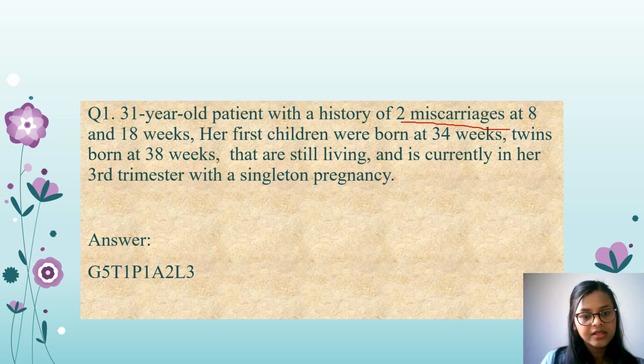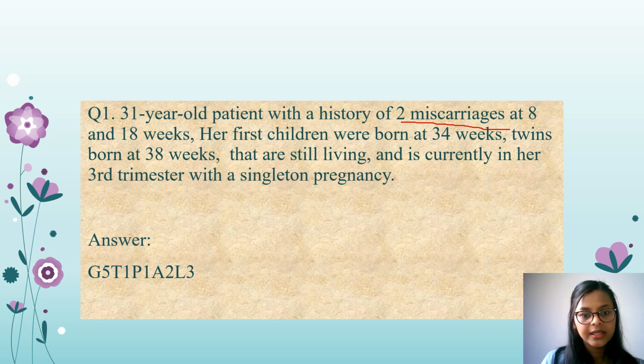Twins were born at 38 weeks of gestation, so the woman was pregnant for the fourth time. And she is currently in her third trimester, so again the woman is pregnant, for the fifth time. So it's gravida 5.